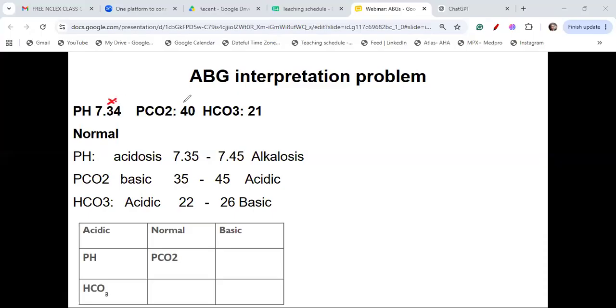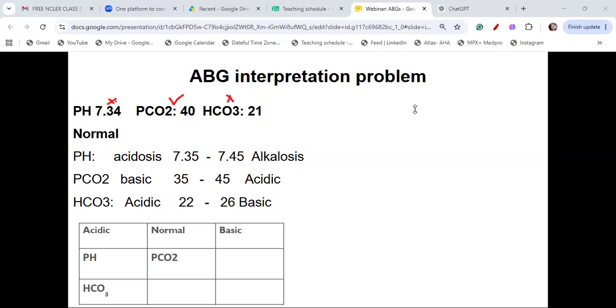What about our CO2? Our PCO2 is in the normal range. What about our bicarbonate? Our bicarbonates are not within the normal range.